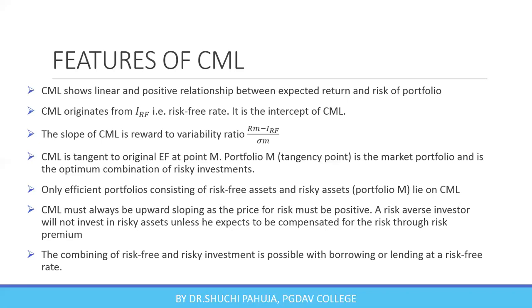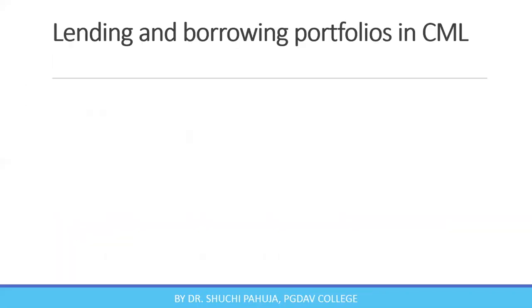CML is only an extension of the HM model, and in this extension any amount can be borrowed or lent at the risk-free rate, and through borrowing and lending you can construct your optimum portfolio depending upon your risk-return preference, right? So what is this lending and borrowing portfolio?